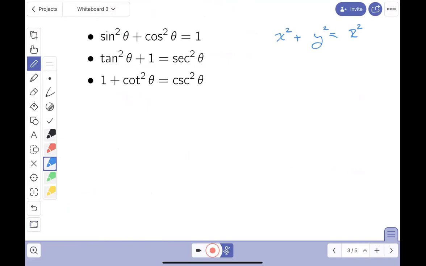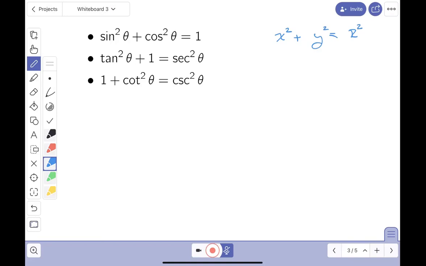Where's that coming from? It's a circle centered at the origin, where x is the abscissa, y is the ordinate, and r is the radius of the circle. We know all the definitions for that picture: sine, cosine, tangent, and the reciprocals cotangent, secant, and cosecant.